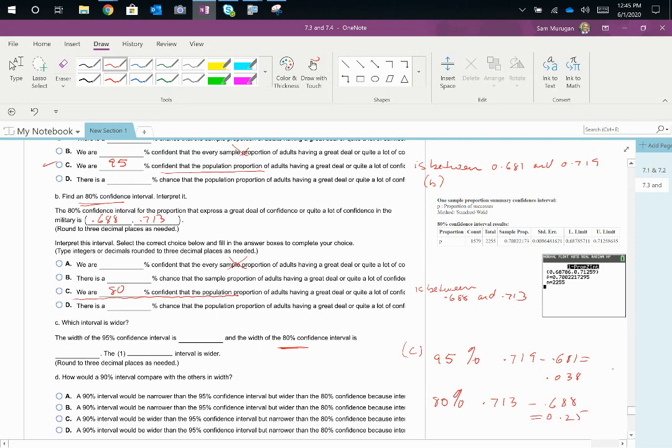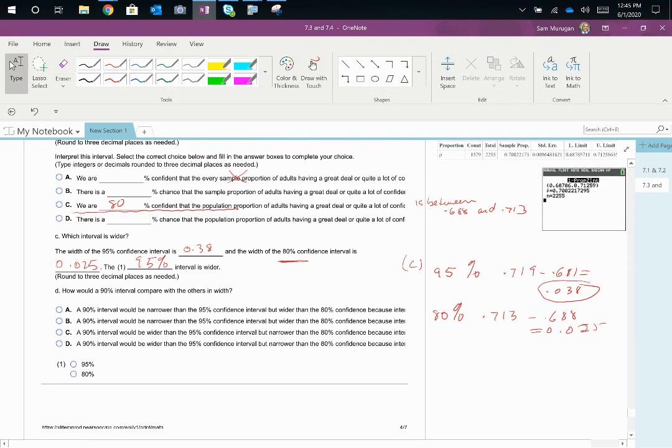So obviously the 95% interval is wider than the 80%. Oh, I'm sorry, they're asking us the numbers. This one is 0.038. And the width of the 80% is 0.025. I wrote that wrong, 0.025. So the 95% one is wider.